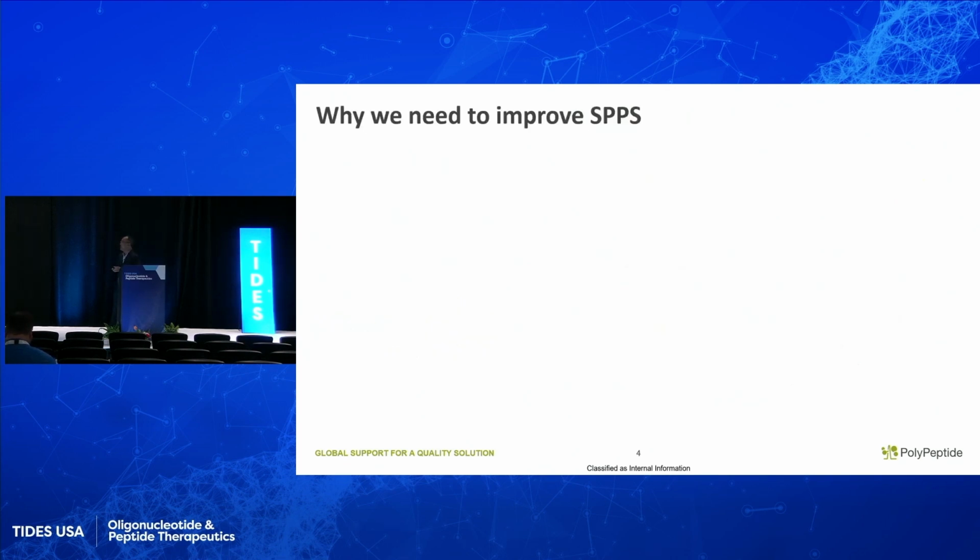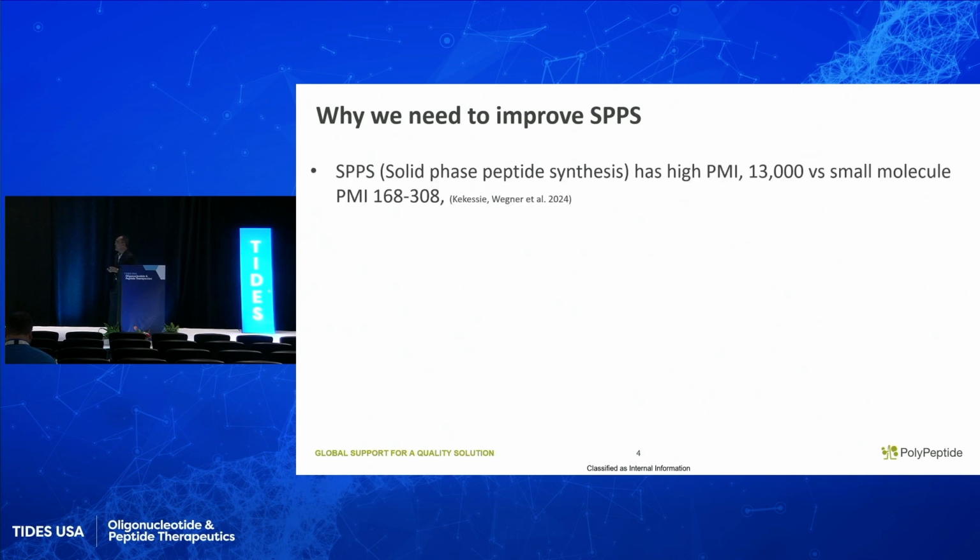So, a couple of introduction slides. Why do we need to improve solid phase peptide synthesis? Because synthetic peptides generate a significantly high amount of PMI. In other words, the solvent and reagents that go into solid phase peptide synthesis are significantly higher than for the small molecule counterpart.